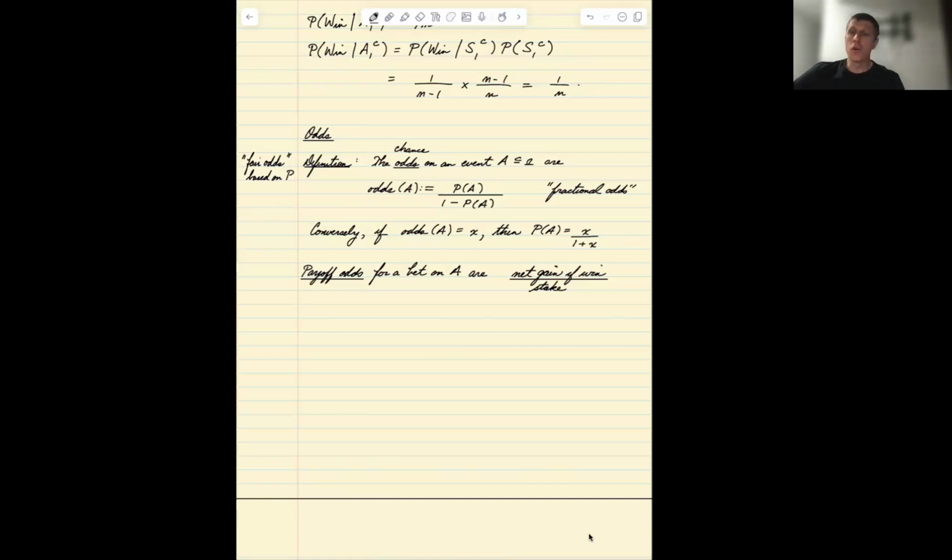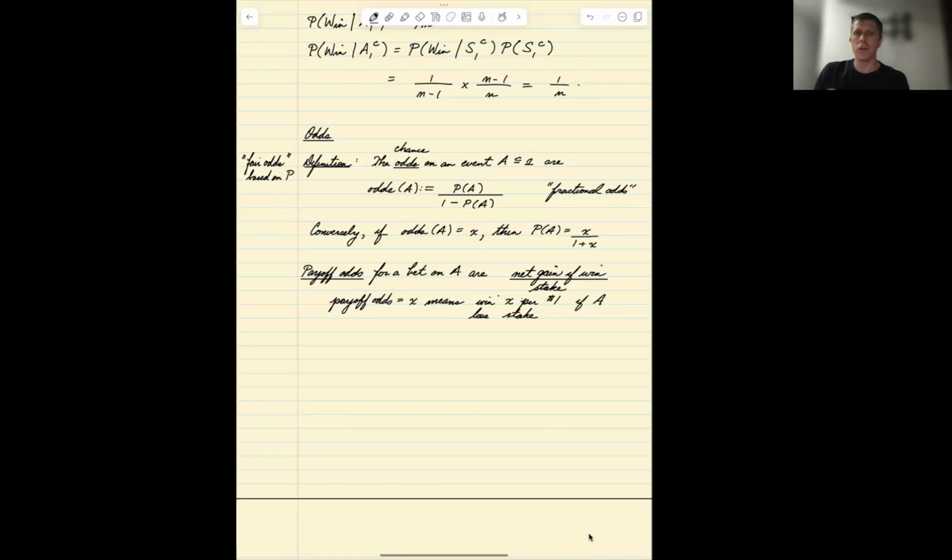So 4-1. If payoff odds are 4, payoff odds equals X means I win X for every dollar bet if A occurs, or I lose my stake.